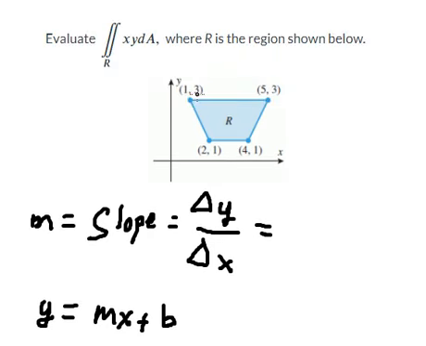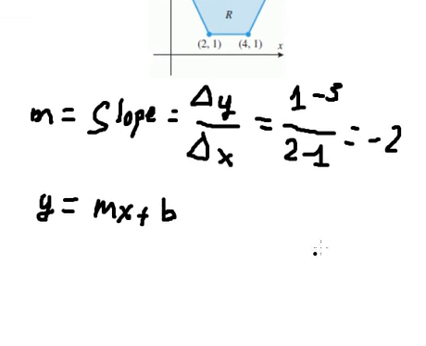So this one we have 1 minus 3, over 2 minus 1, and we have negative 2. So we put negative 2 on here.